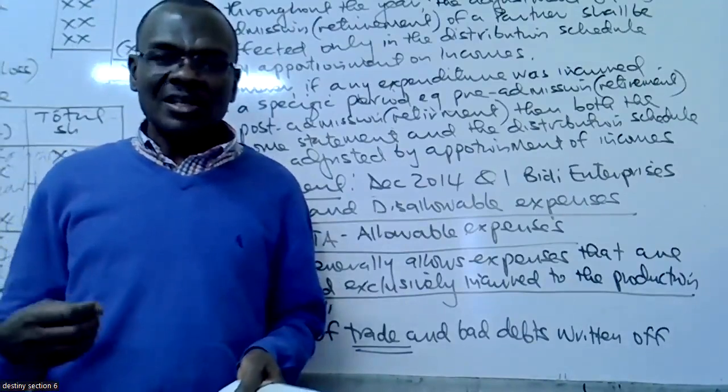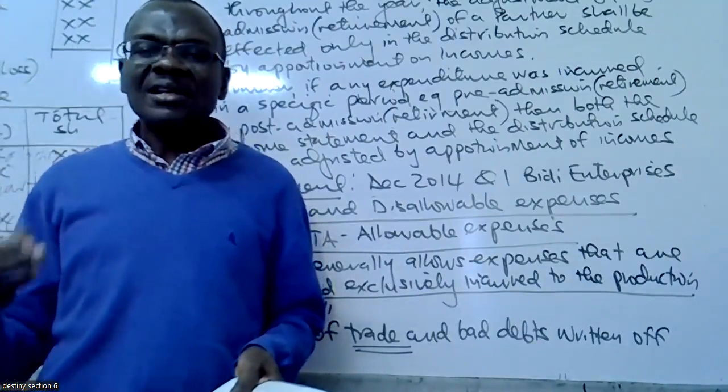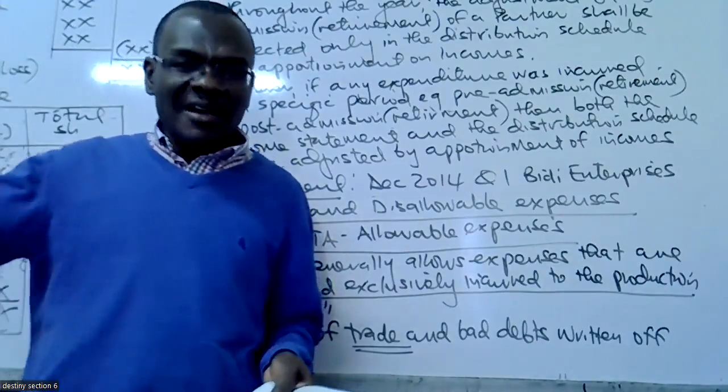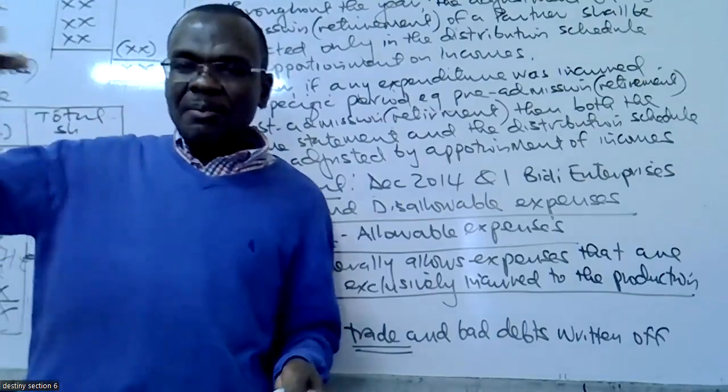But the condition is you cannot charge an expense for clearing land for crops that are harvested frequently. It must be permanent or semi-permanent.